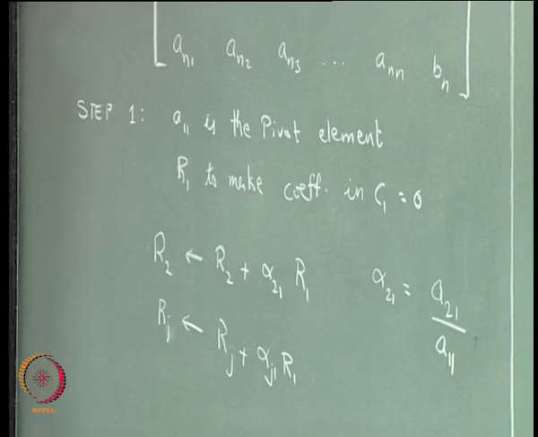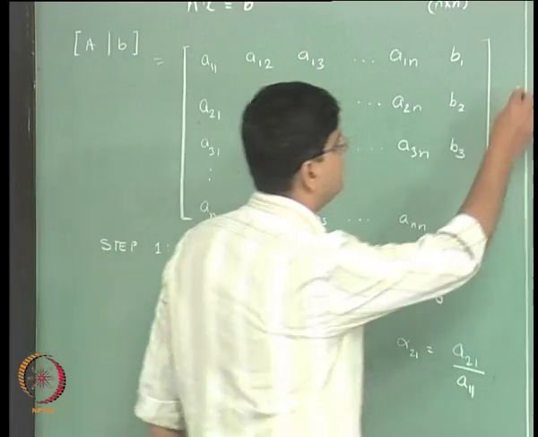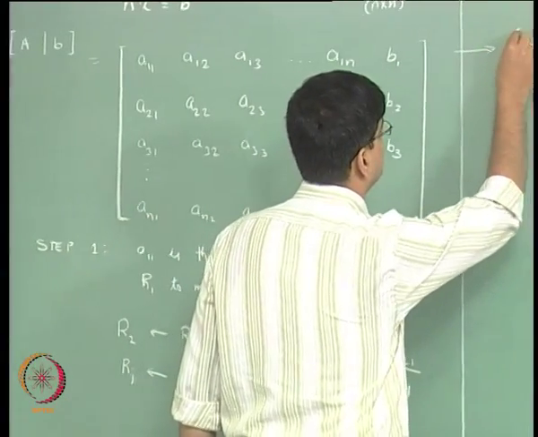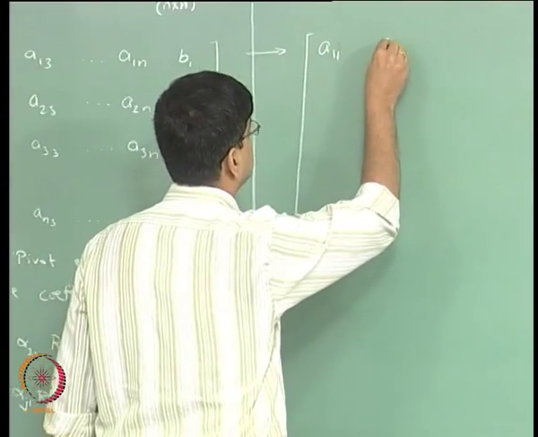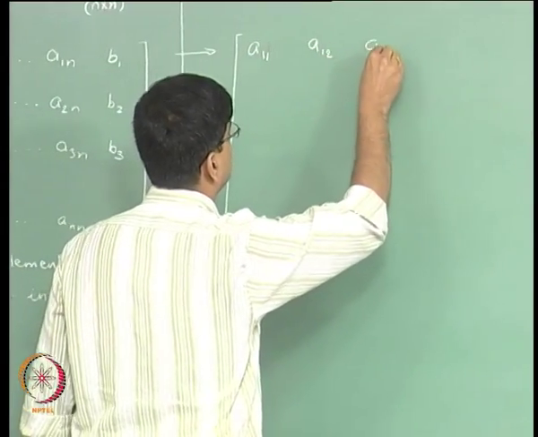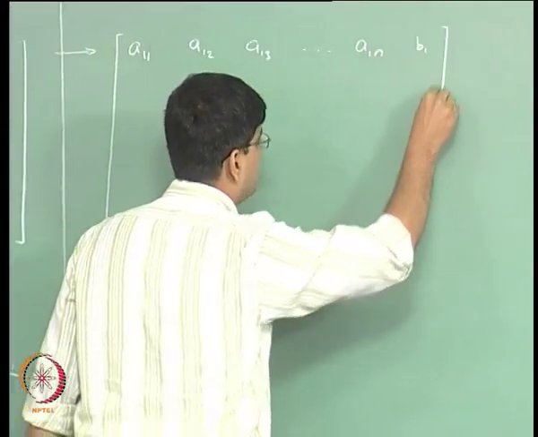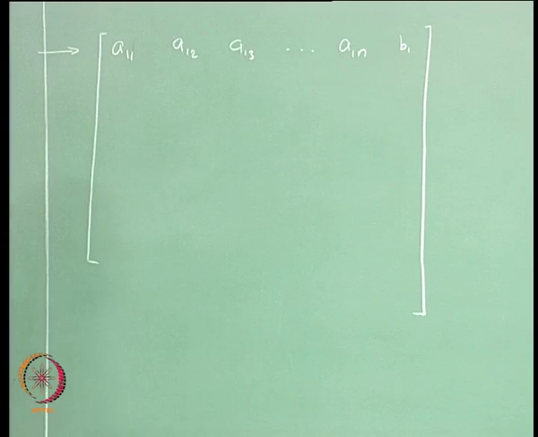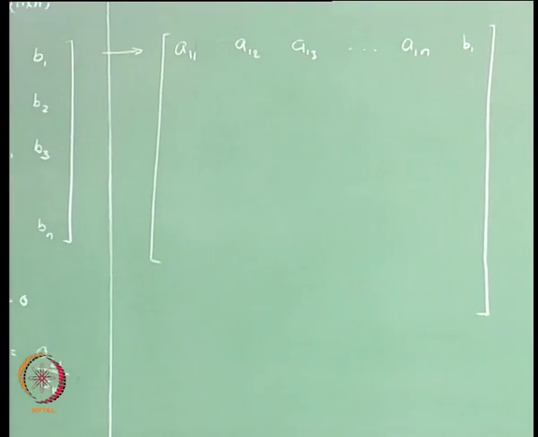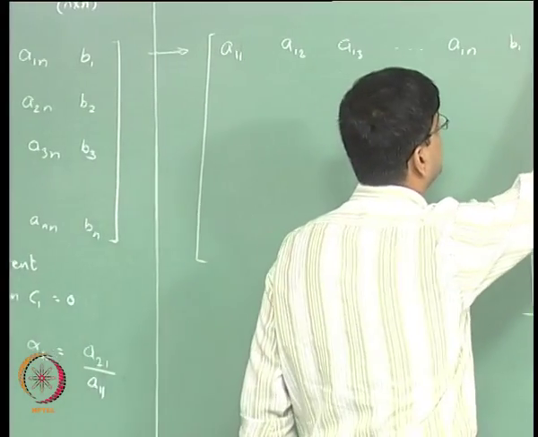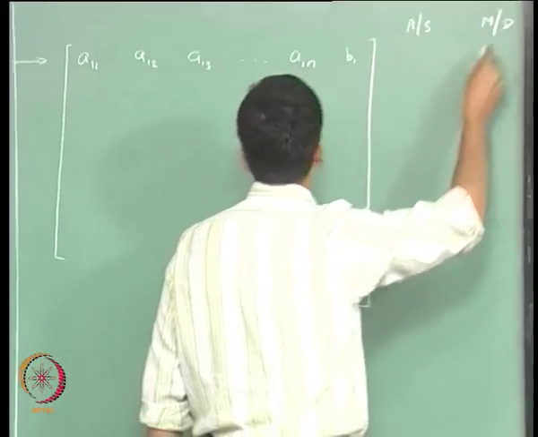Okay. So now let us look at doing the first operation. When we are doing the first operation, row 1 remains the same, there is no change in row 1. So I will write it as A11, A12, A13 and so on up to A1n, B1. The first computation is in computing A21. I will write the addition subtraction steps over here, multiplication division steps over here.